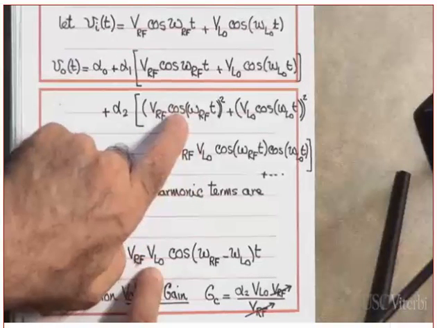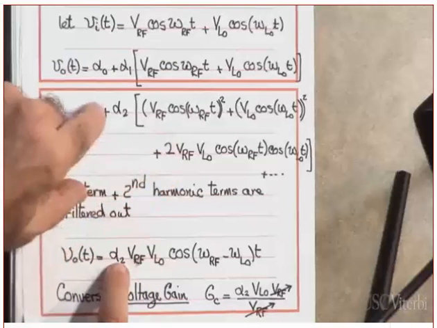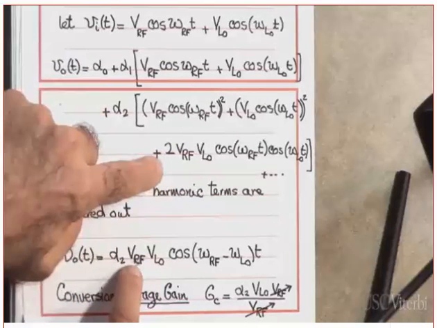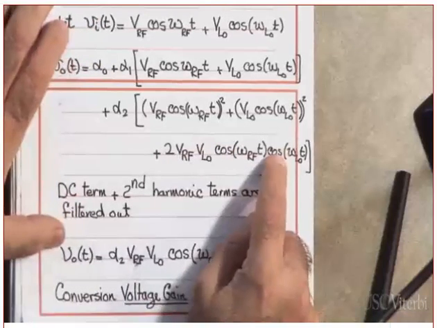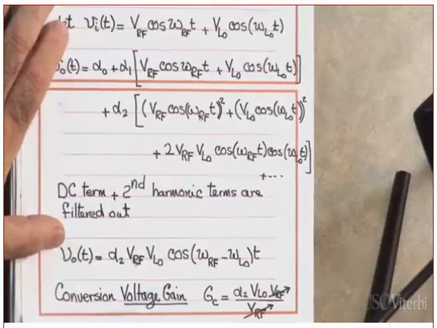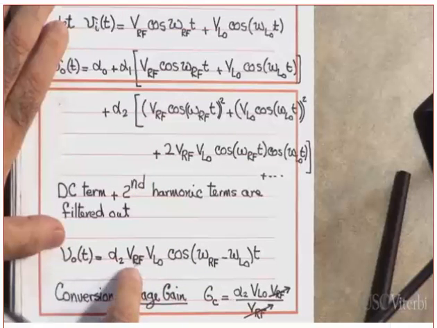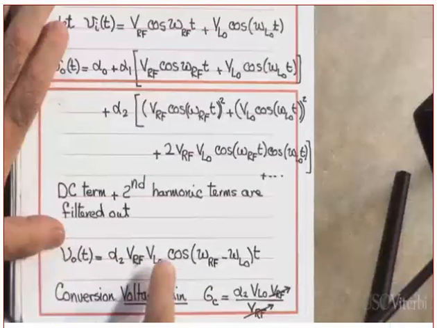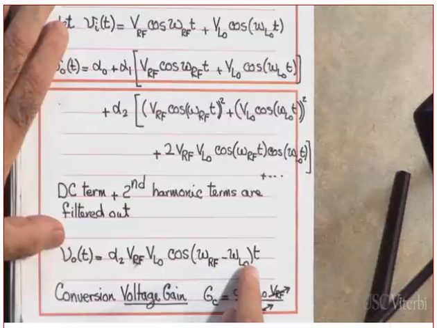Sorry, my finger was pointing in the wrong direction. This one. Alpha 2 times. What happened to the 2? Cosine, cosine is one half cosine of the difference plus one half cosine of the sum. Yes? So the one half cancels with the 2. So alpha 2, VRF, VLO, cosine of (omega RF minus omega LO) times t.